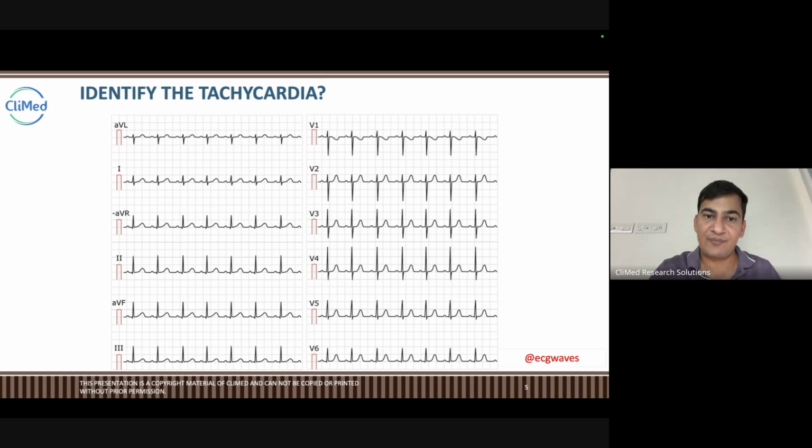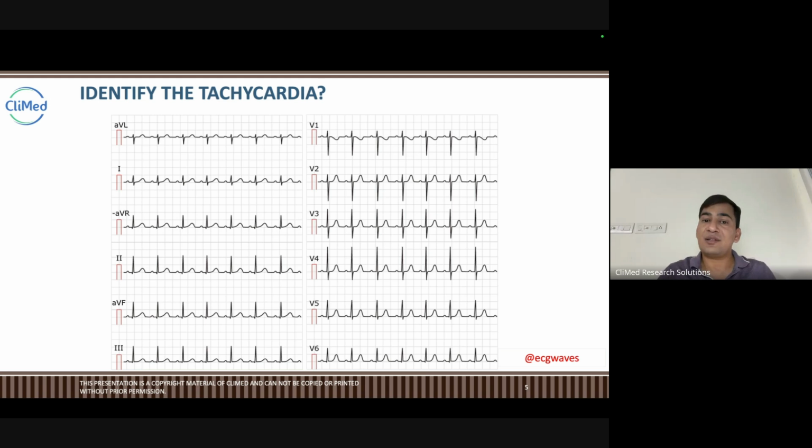So it is tachycardia. Now another important thing you will see is the regularity. Guys, listen carefully to how to identify arrhythmias and how to differentiate them. You will see that the distance between R to R is almost similar, so this is regular tachycardia.